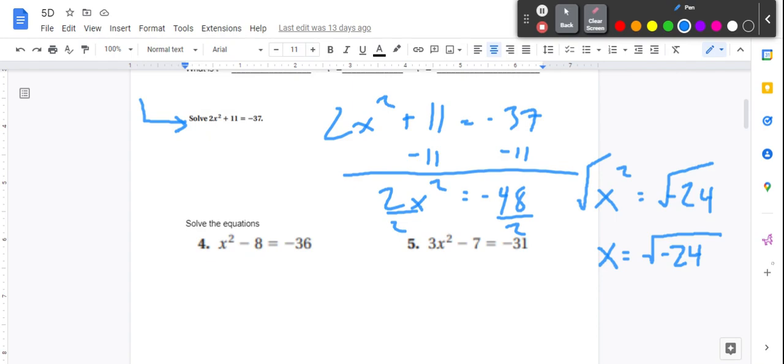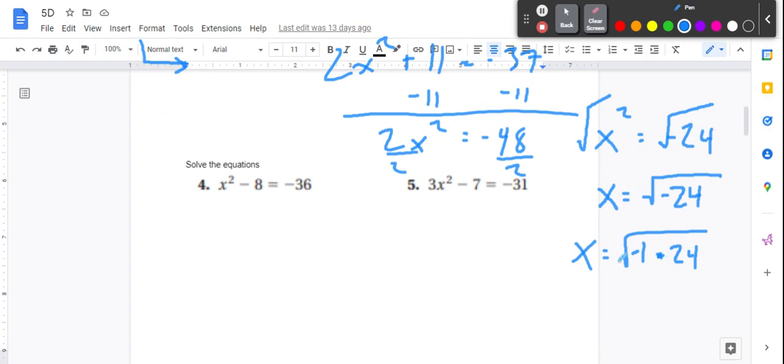So instead of -24, we're going to rewrite it as -1 times 24. So x is equal to the square root of -1 times 24. Knowing the rules about roots, we can split those up. So x is equal to the square root of -1 times the square root of 24.